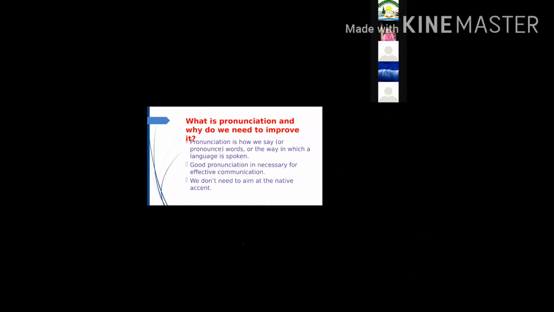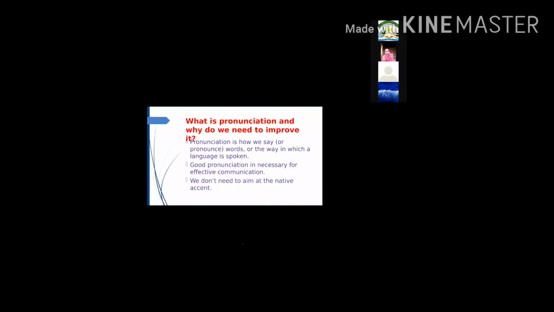English phonetic alphabets are the symbols that represent sounds. I'll show you later what these phonetic alphabets are. They represent phonemes, like which symbol represents p, b, o, e, a. Those symbols are called phonetic alphabets.